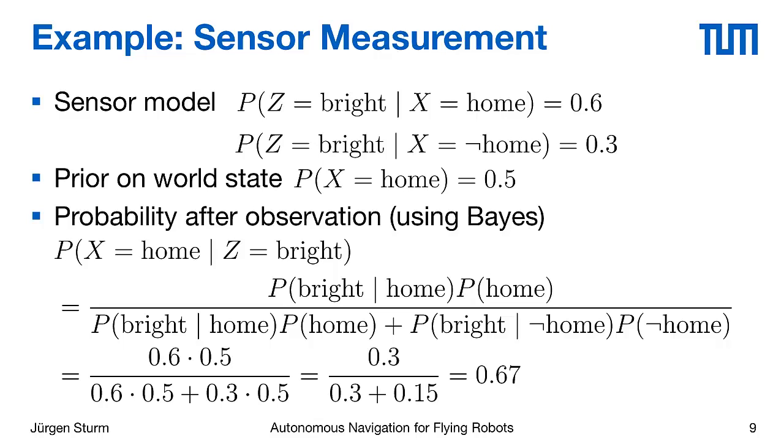If we then fill in the values, we find that after making this observation, that light was detected below the quadrotor, the probability of being above the landing spot increases from 0.5 to 0.67, which is considerably higher, but might still not be confident enough to actually trigger a landing behavior.